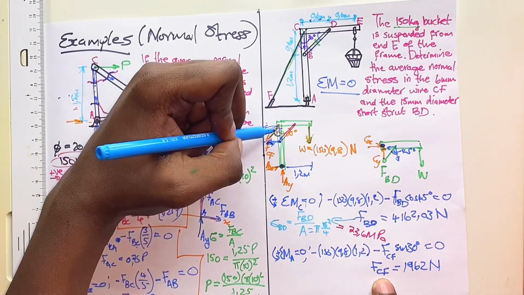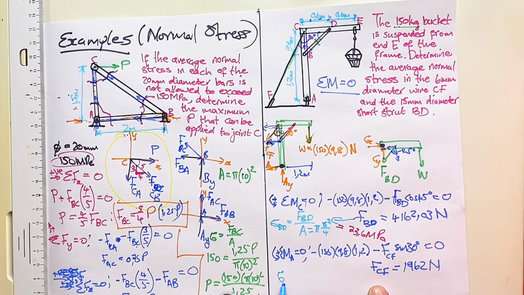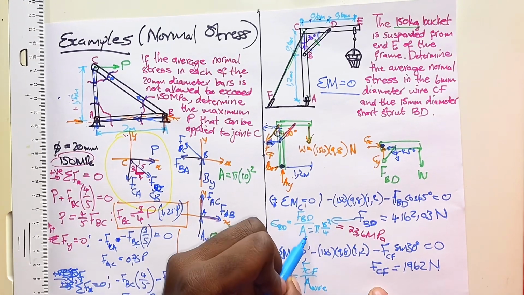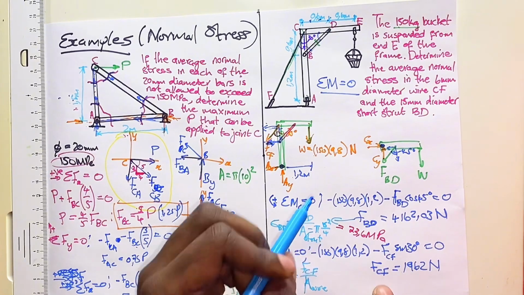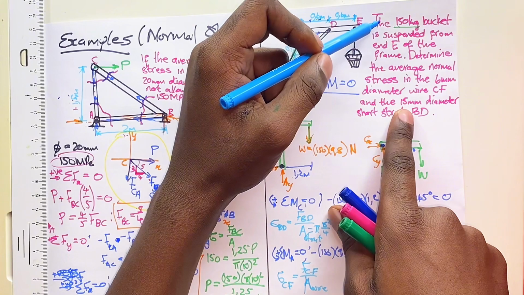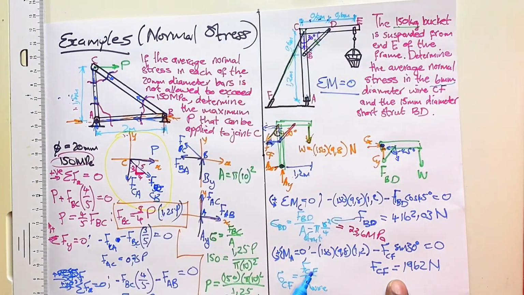Now the same thing with here. Once I have the normal force in my member, I can calculate the normal stress. Sigma CF is equal to FCF over the area of the wire. Now the diameter of the wire is given as 6 millimeters.